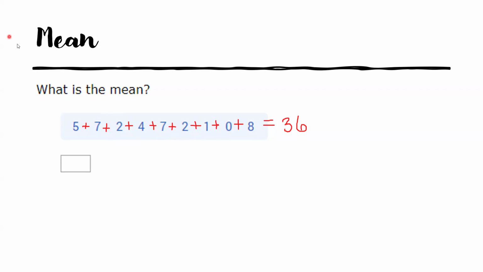We have 9 numbers in our data set here. So we are going to divide 36 by 9, and that will give us our final answer. That will tell us the mean. 36 divided by 9 is 4. So the mean, the average of this data set is 4.